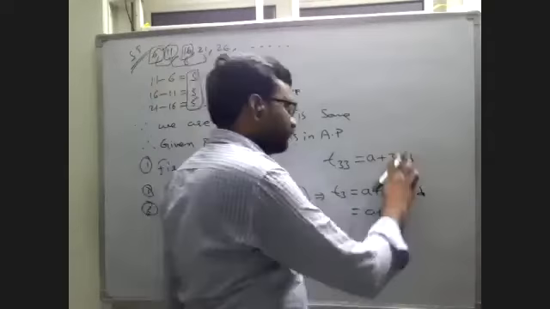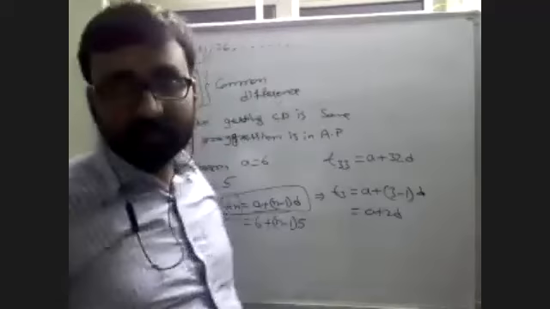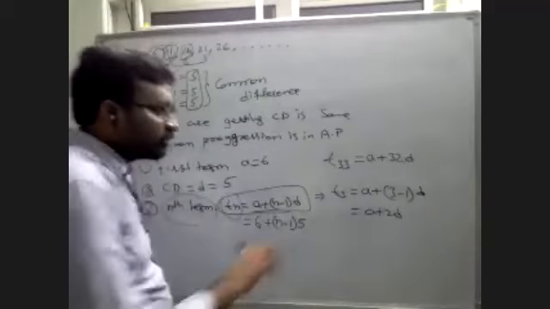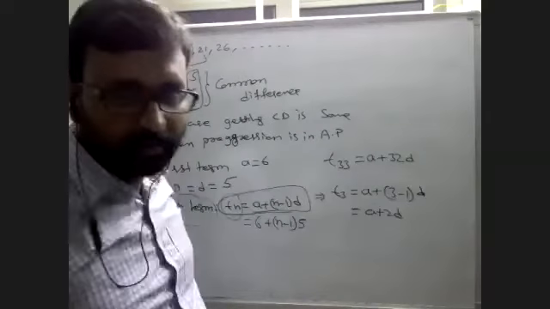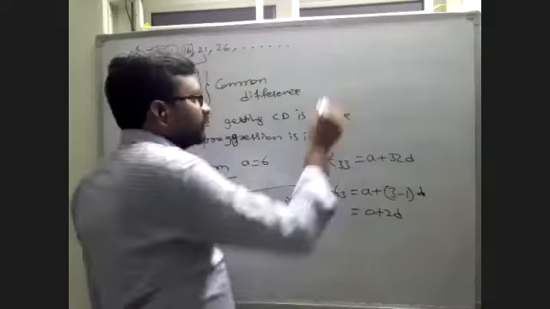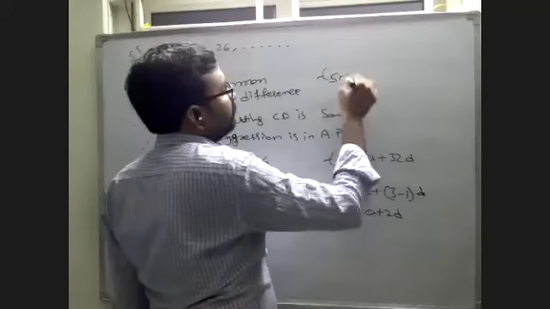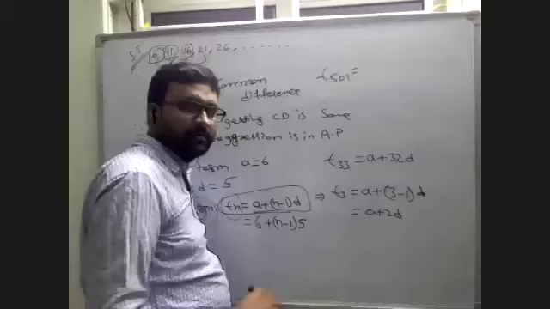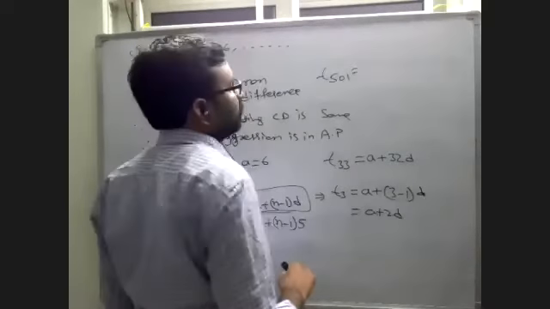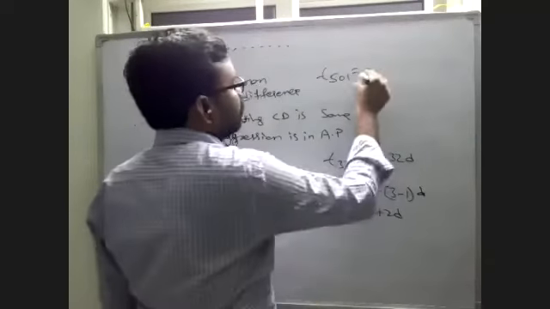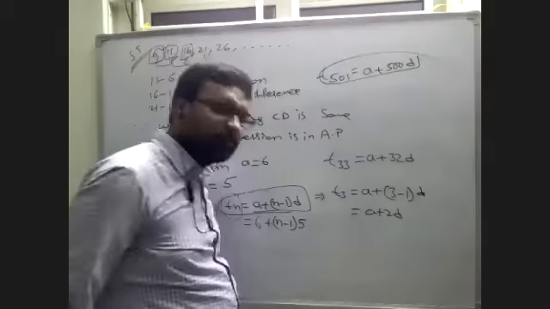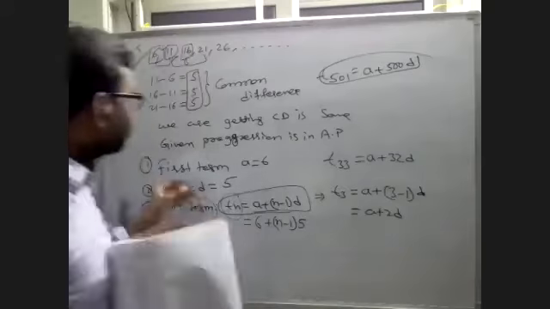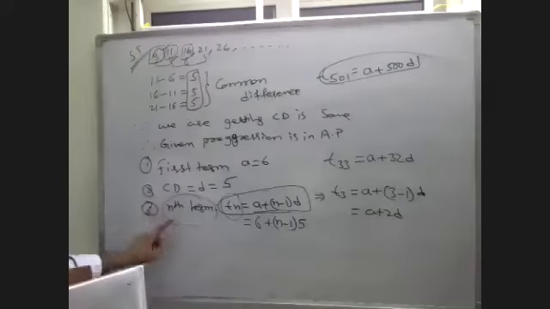A plus 32d. You have to decrease one number, that's it, the number before. What is the term T501? A plus 500d. So here they ask questions, but I gave you this third also.